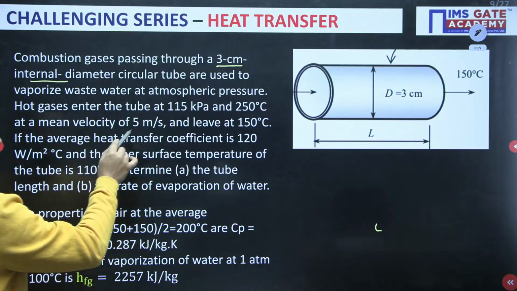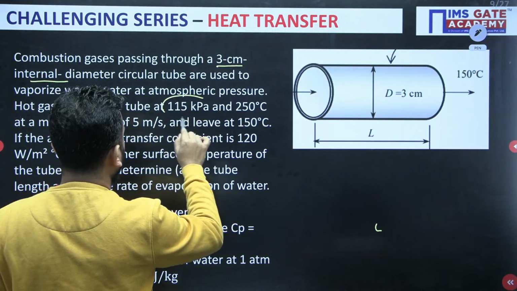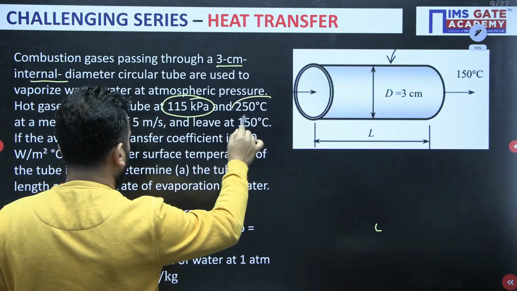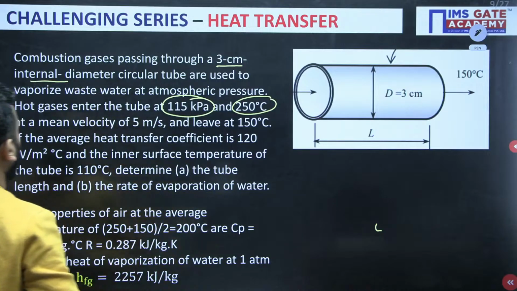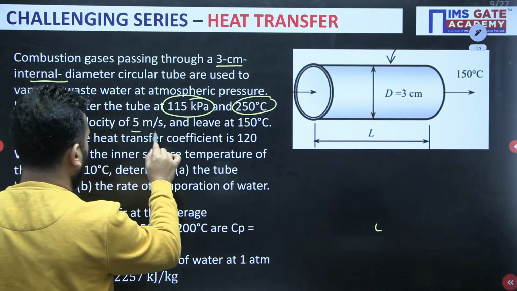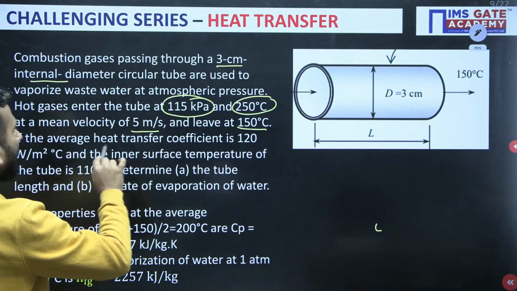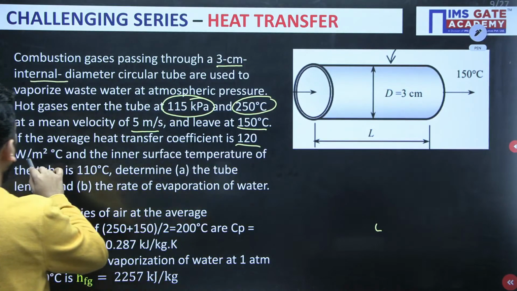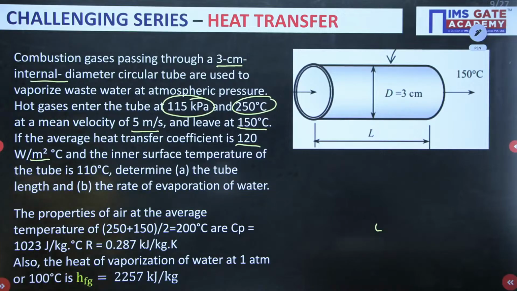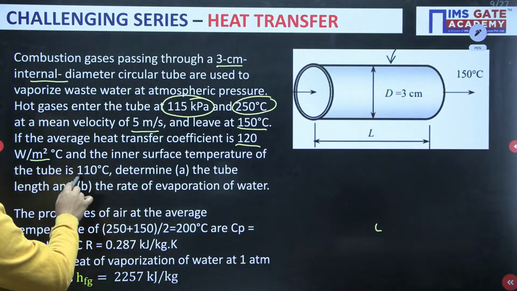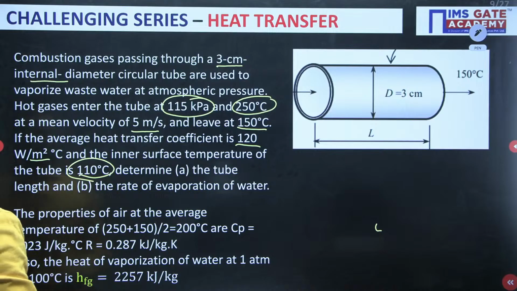Hot gases enter the tube at this temperature and mean velocity, and leave at this temperature. If the average heat transfer coefficient is 120 watt per meter square degree centigrade and the inner surface temperature of the tube is this, determine (A) the tube length and (B) the rate of evaporation of water.